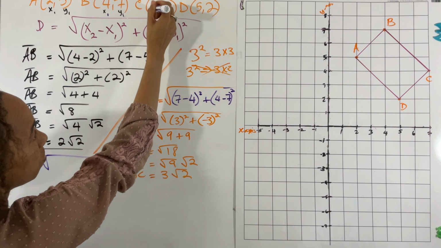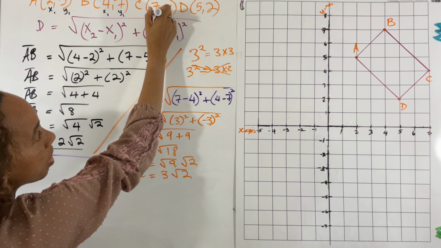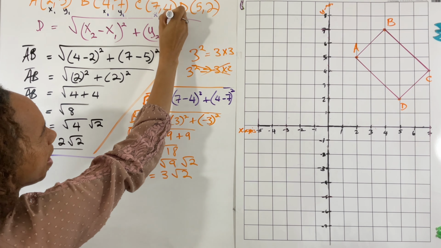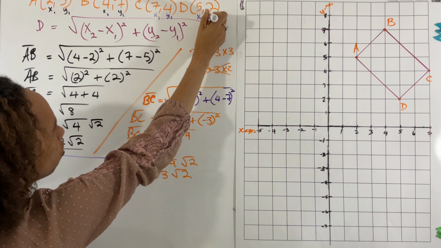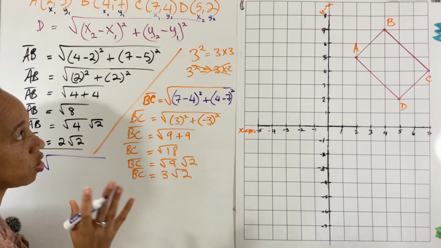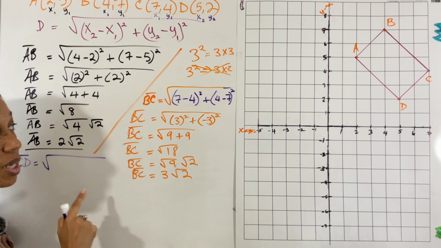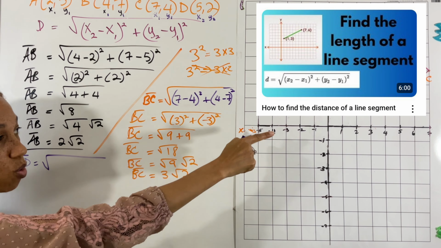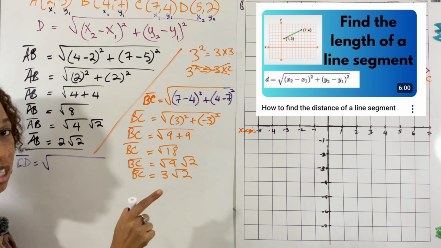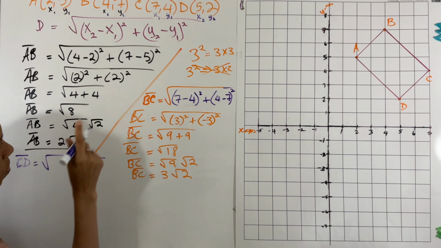So CD, we have here our x1, y1, x2, y2. We don't want to make any mistakes, so please label accordingly. If you need more help on working with the distance formula, you can go back and watch my video on the distance formula.